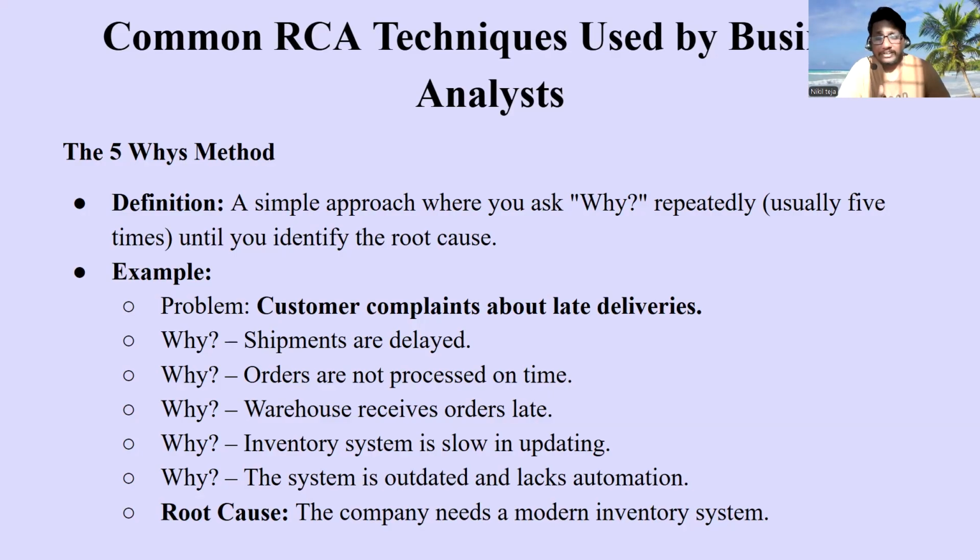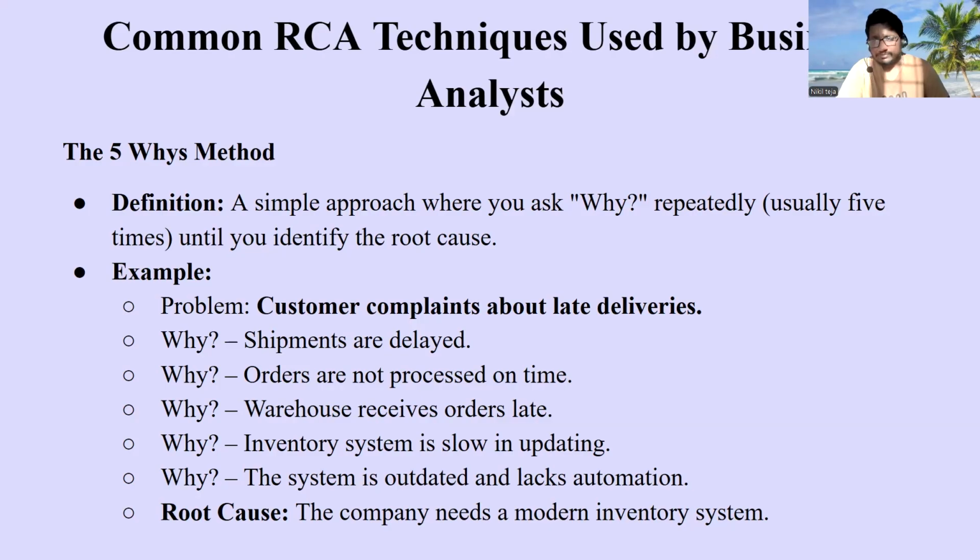Why is the inventory system slow in updating? Because the system is outdated and lacks automation. By asking these five whys: why shipments are delayed, why orders are not processed on time, why the warehouse receives orders late, why the inventory system is slow in updating, why the system is outdated and lacks automation.